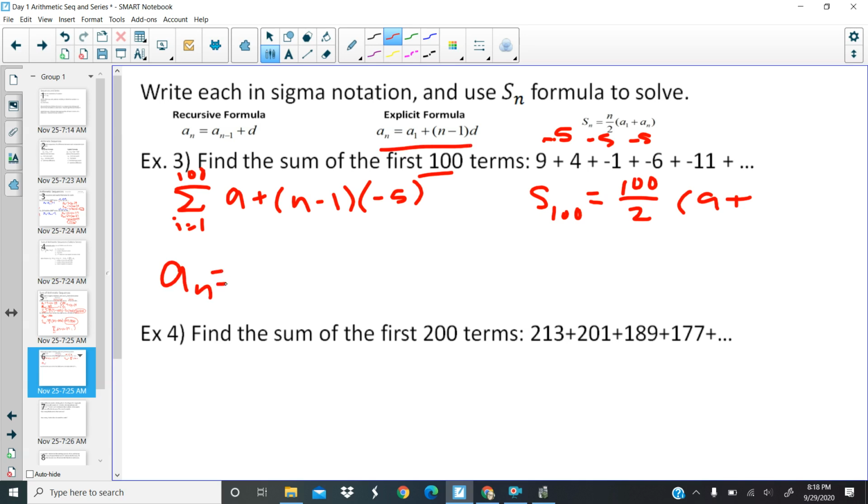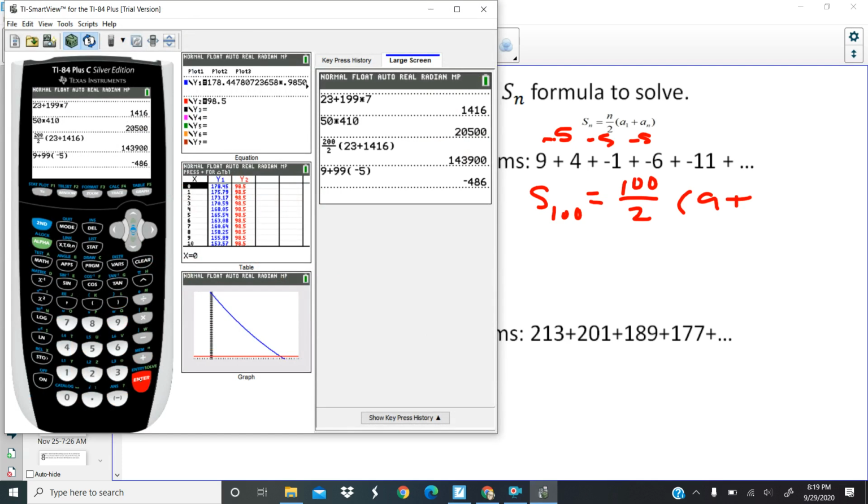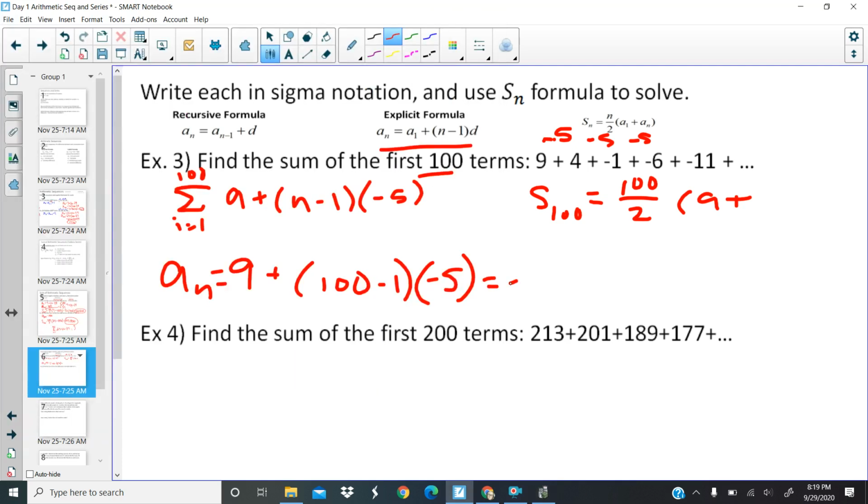So that is my first term, which is 9, plus n minus 1, so that's 100 minus 1, times negative 5. So if I'm solving that out, it's going to be 9 plus 99 times negative 5, which is negative 486. And that is the number that I'm going to put in here for A sub 100.